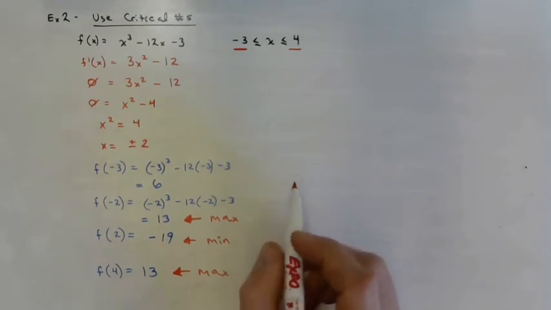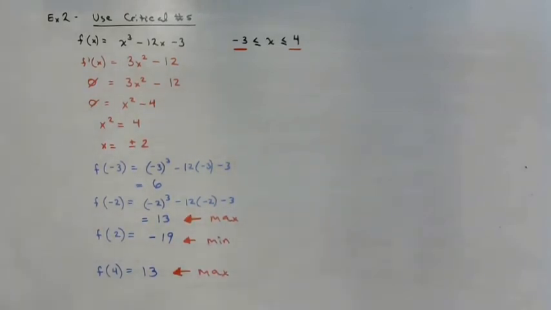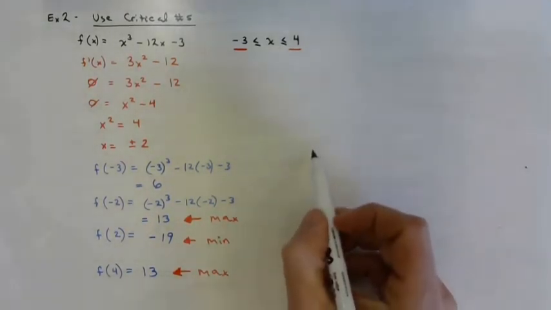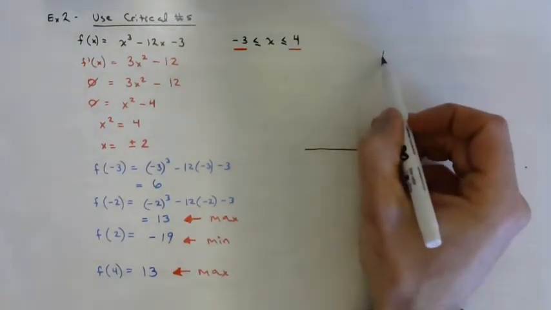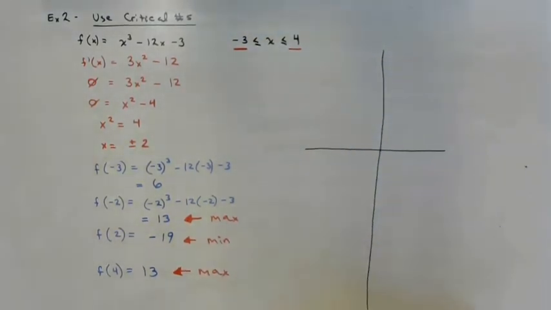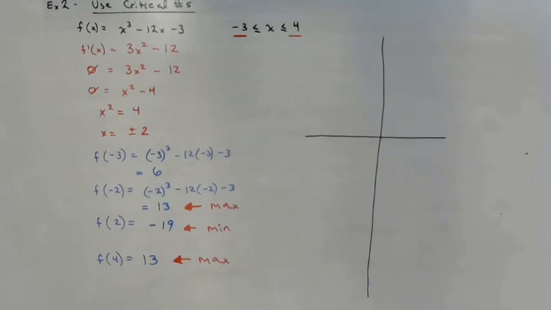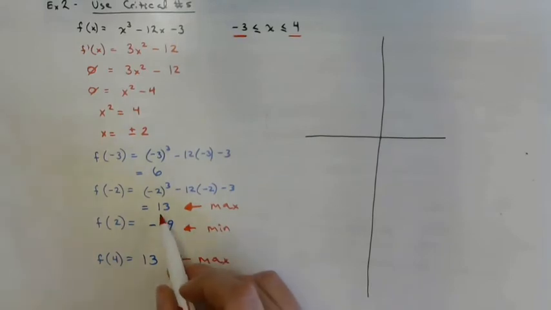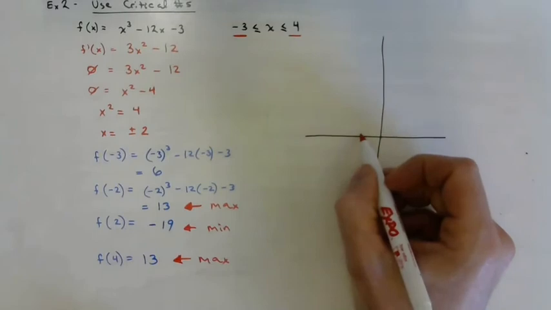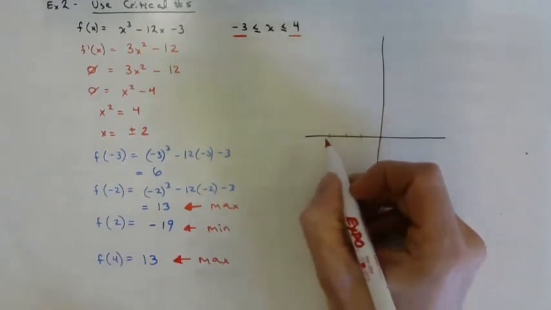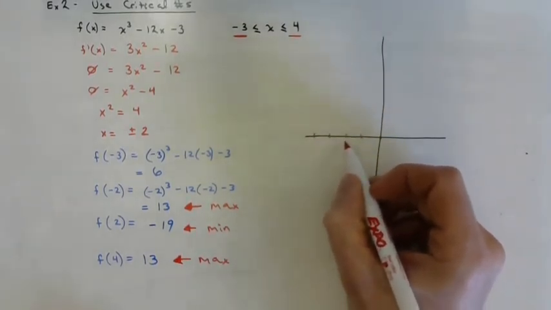Where do these things occur? Well, we can use that information to sketch our graph. It's kind of a tall, skinny one. So we have a max at negative 2, 13. So 1, 2, 3, negative 2, positive 13.